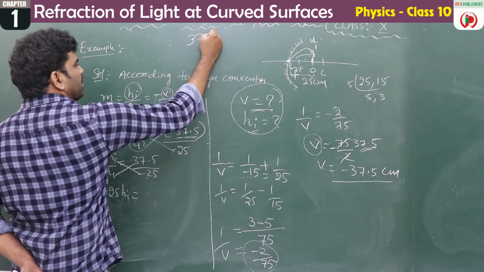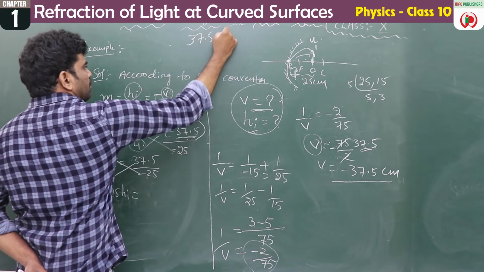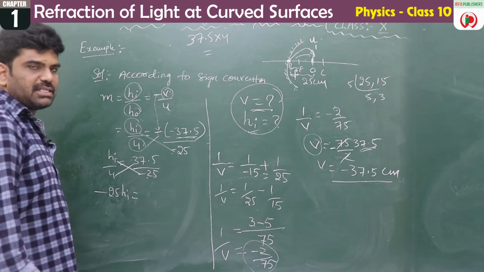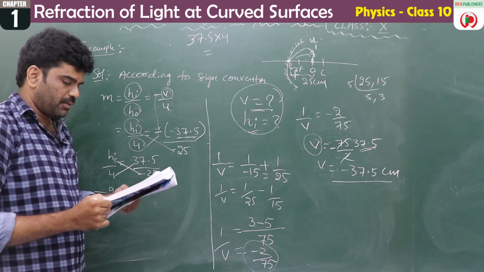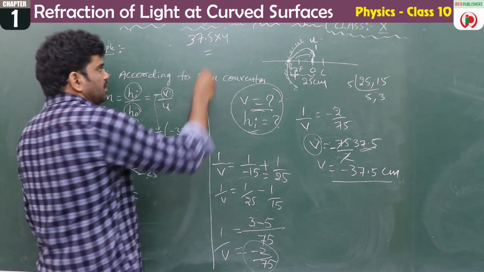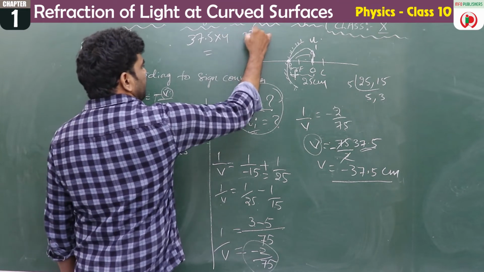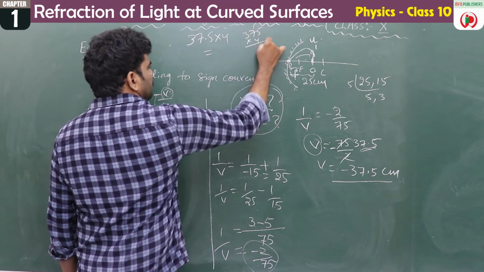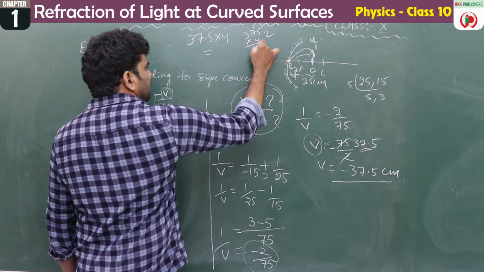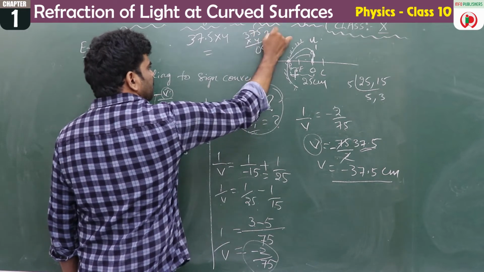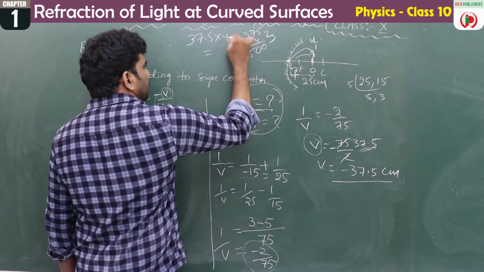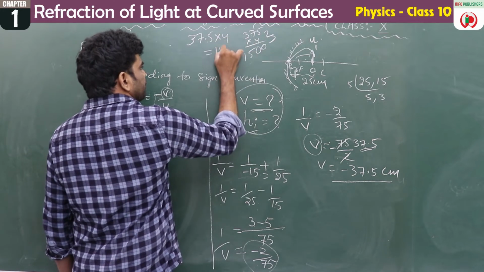So 37.5 into 4, what is the value we will get? 5 4s are 20, 7 4s are 28 plus 2 is 30, 3 here, 4 3s are 12 plus 3 is 15. Okay, the point is there, now 150.